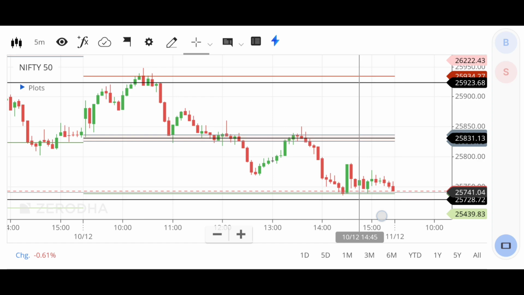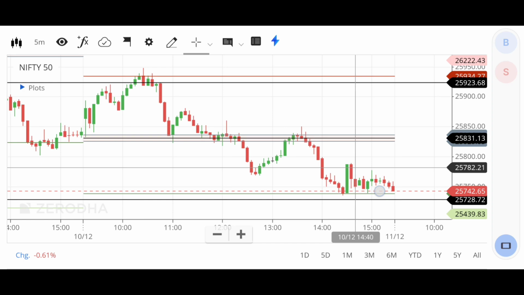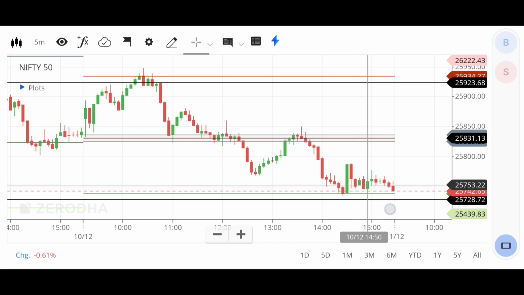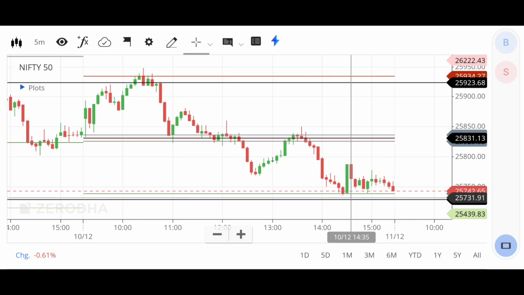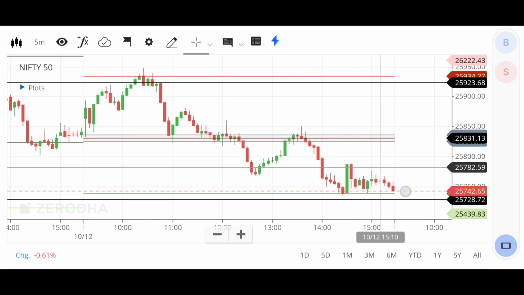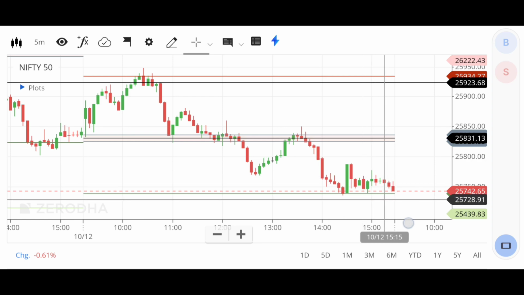So the bulls tried to pull the market up, and the bears are so powerful also, so they tried to pull the market down. So you see a kind of sideways followed after 2:30. That's not an issue because it's almost the market's end. So yeah guys, below that you are seeing this black line. That is the previous day low.